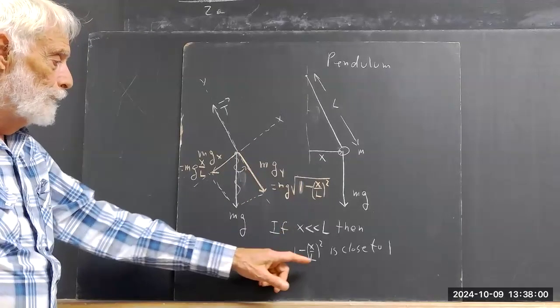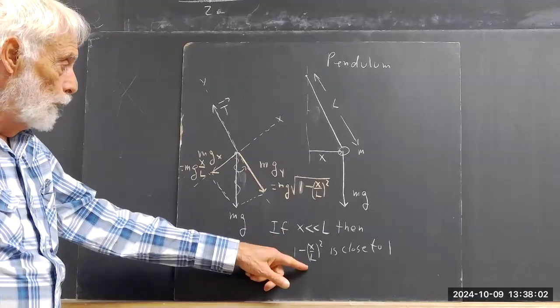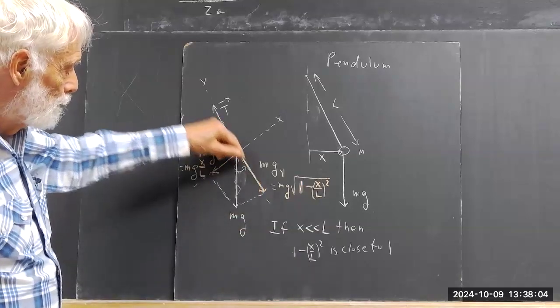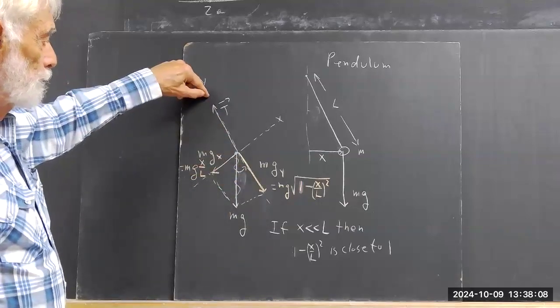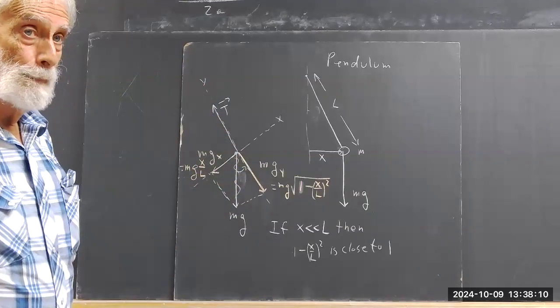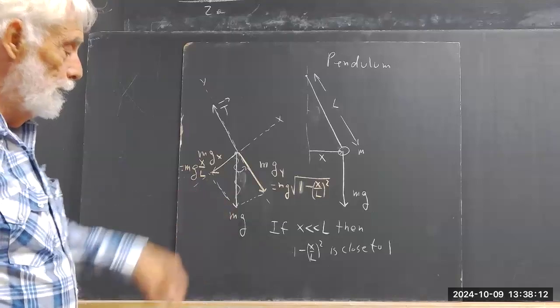Now, my point is, if this is very close to 1, so that this force here, this component of mg, is pretty close to the tension, which means that the tension is pretty close to mg.